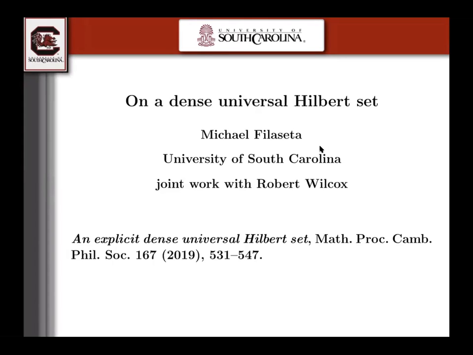This is joint work with a former student of mine, Robert Wilcox, which got published last year. I'm going to begin by talking about historically where this subject comes from, which goes back to a paper of Hilbert's in 1892.